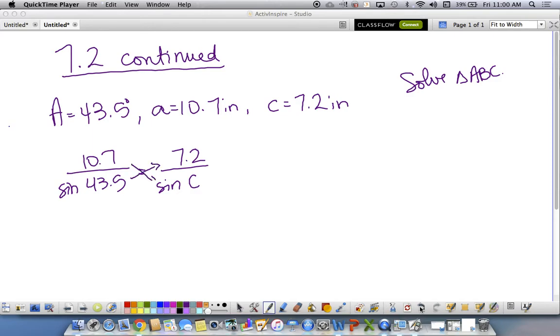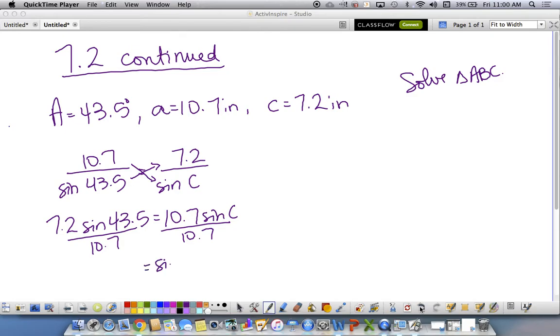Cross multiplying, this is going to get redundant. You'll be able to do this very quickly. 7.2 sine 43.5 equals 10.7 sine C. We're going to divide by 10.7. Those cancel, so sine C equals, when we do all that math, 0.4631, etc. That's a decimal.